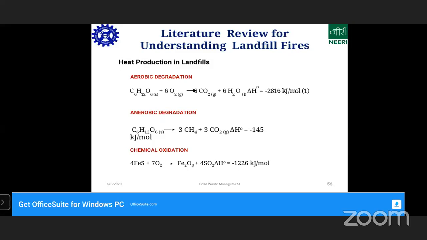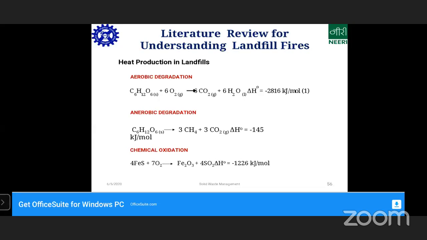Just to understand why this is coming into the picture, because you are all chemistry students, you should be knowing all these things. When there is aerobic degradation, C6H12O6 is glucose. When it degrades, you have an enthalpy of this much, that is heat generation of this much.